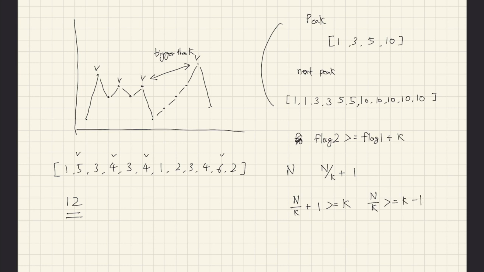And multiplying k to both sides, then n should be equal to or bigger than k times k minus 1. So this means that this is the possible case for the solution.